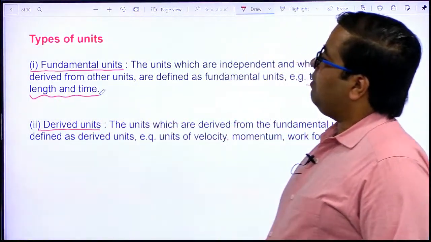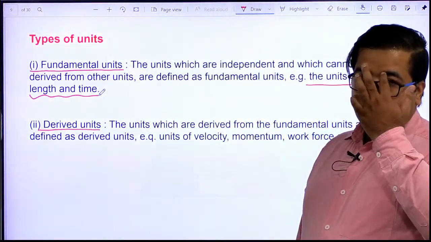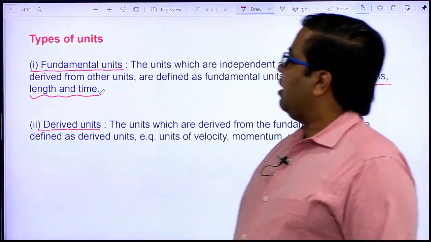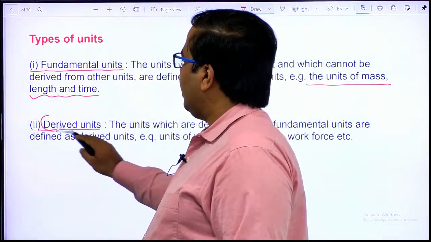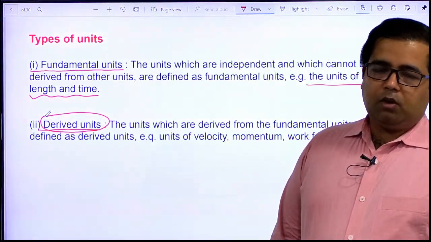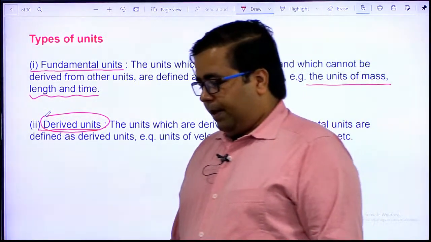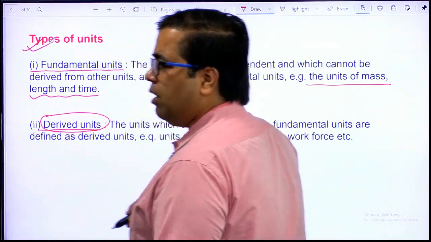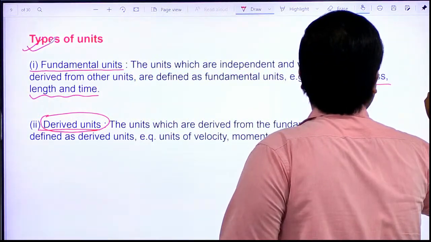We have 7 fundamental quantities, so the units of those fundamental quantities are known as fundamental units, and the derived physical quantities are derived using the units of fundamental quantities. So it's similar to the fundamental quantity and derived physical quantity.